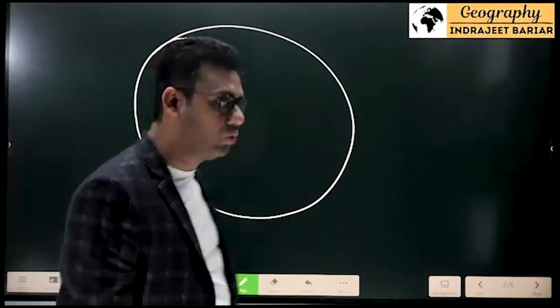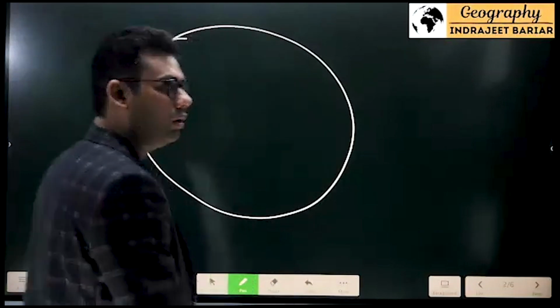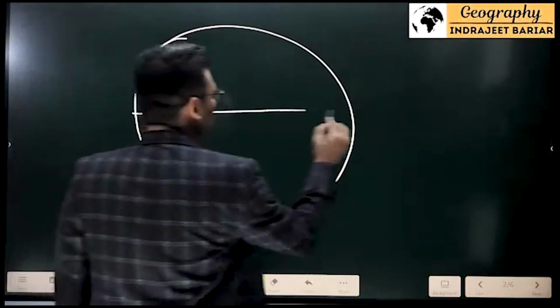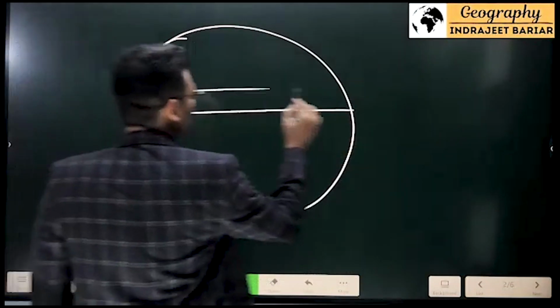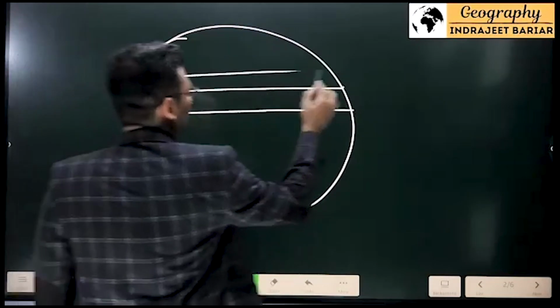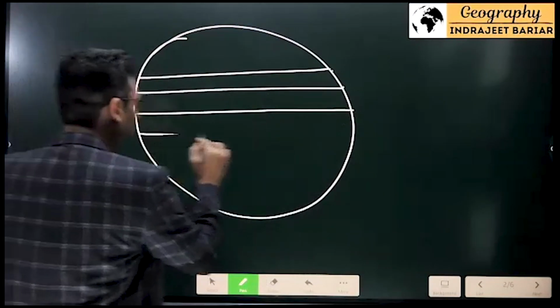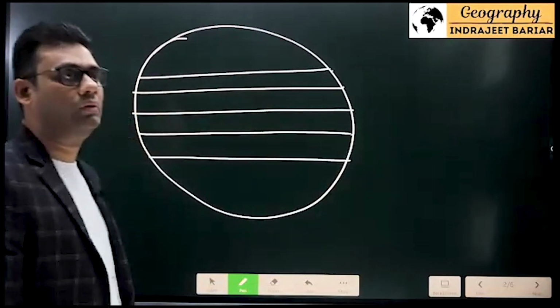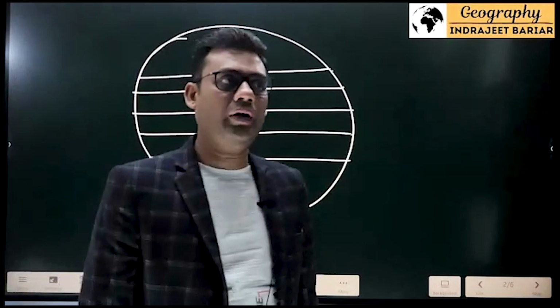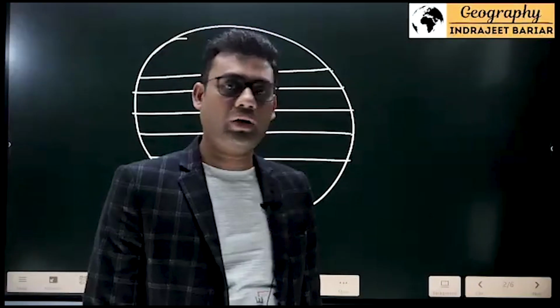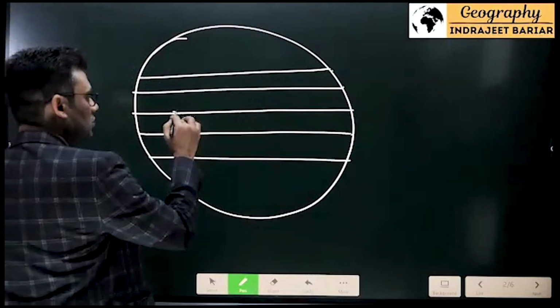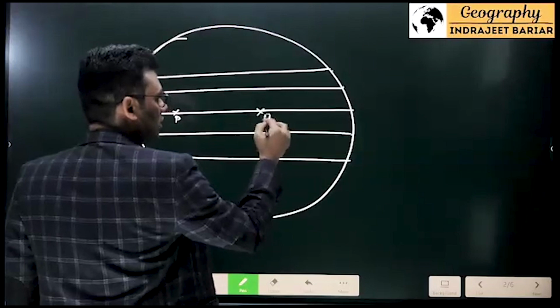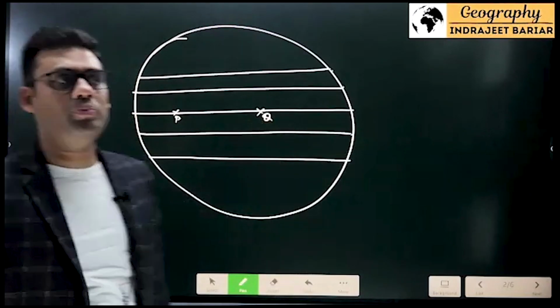So with respect to isotherm, if I take Earth, isotherm ideally should look like what? I should ideally be drawing it like this. Why so? Because latitude is the controlling factor for temperature. So if this place P and this place Q are at the same latitude, the temperature should be same.